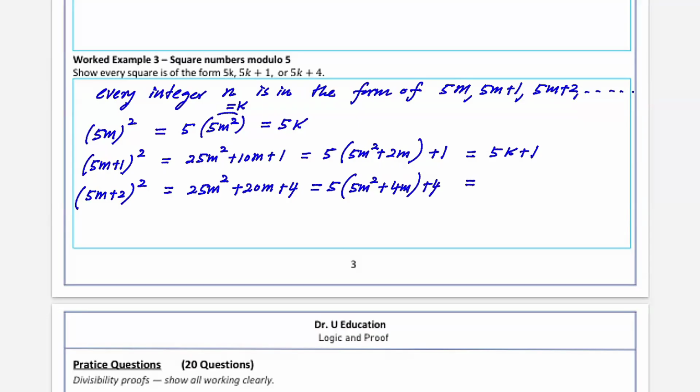So this will form 5k plus 4 type, right?